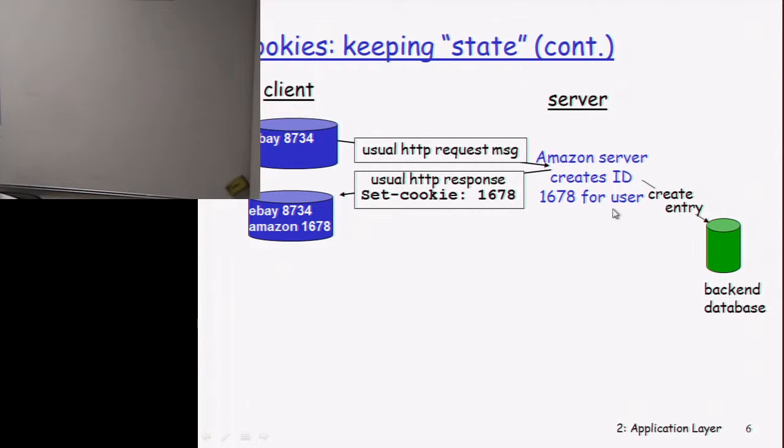Clear? Now what will this cookie do? This cookie will help the server. When you next time browse the server, it will pass on your user information to the web server.